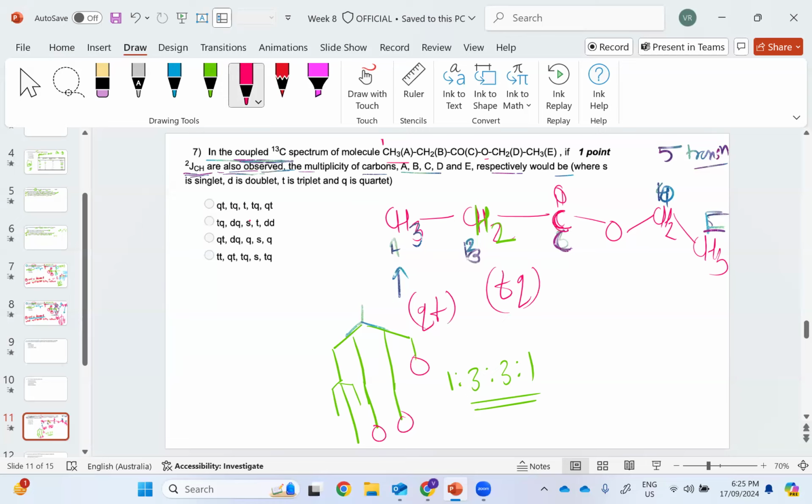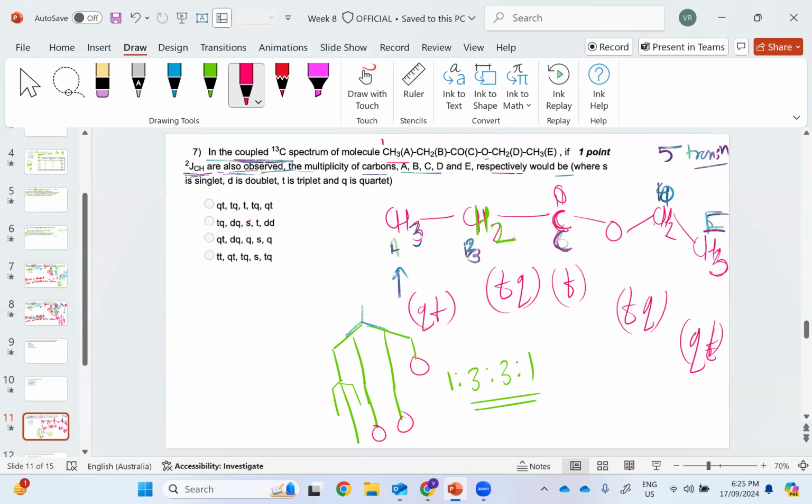This is the carbon atom which has two CH2 attached, so it will show a triplet. Then this one has two hydrogens attached, so triplet, and four hydrogens attached, quartet. Then the methyl group has a quartet of triplets, because the three hydrogens show a quartet and the adjacent two hydrogens make it a triplet.